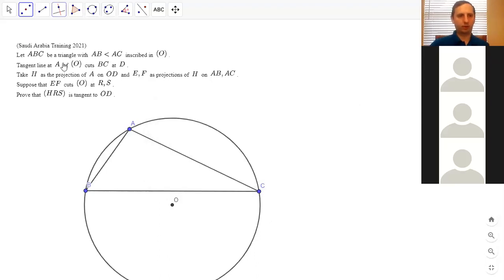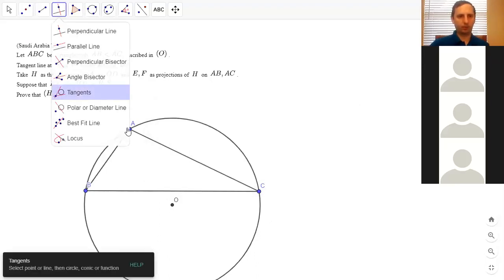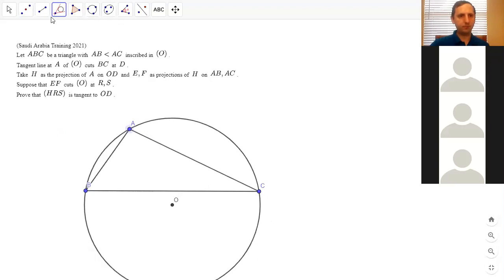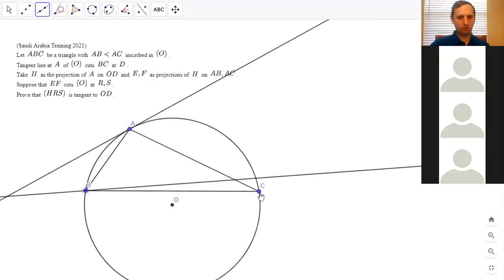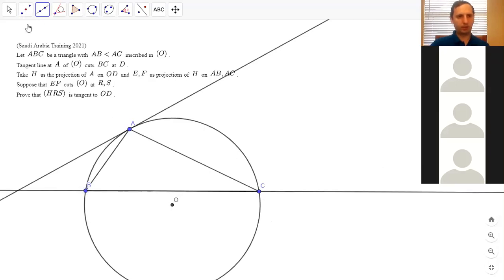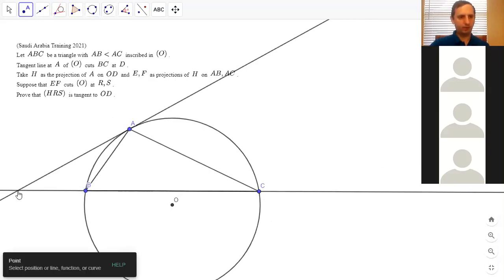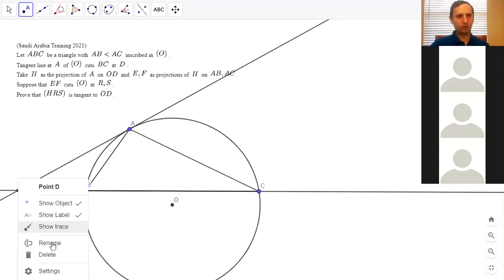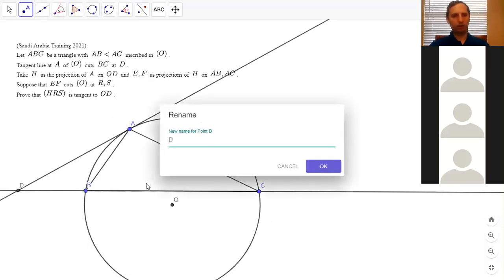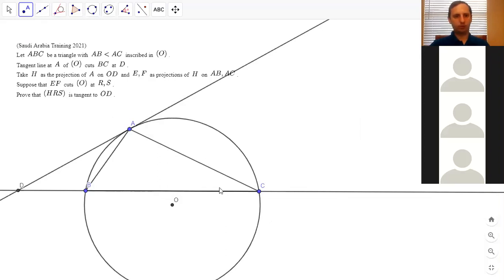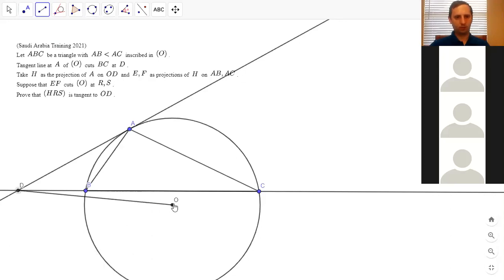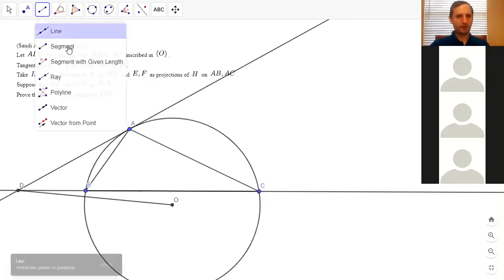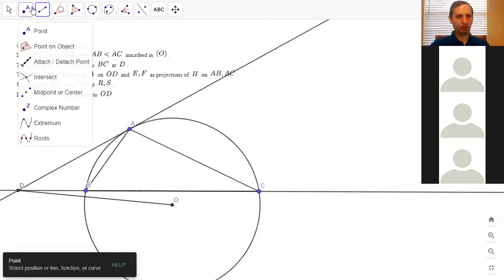We draw the tangent line at A. We want to see where it meets BC, and then let it meet at a point D. And H is the projection of A onto OD. It's the perpendicular.